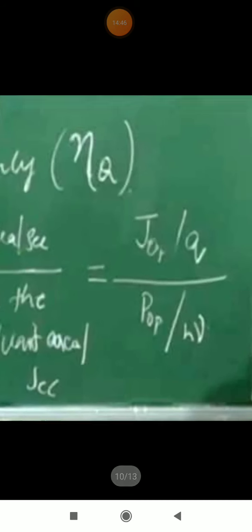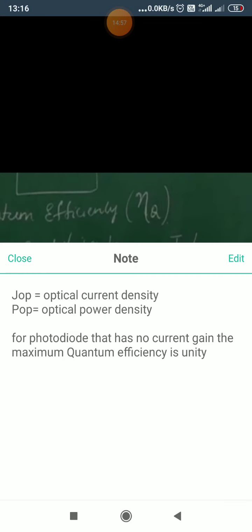The quantum efficiency in equation form can be represented as J_op by q divided by P_op by h nu, where J_op is the optical current density, and P_op, with capital P and subscript op, is the optical power density.